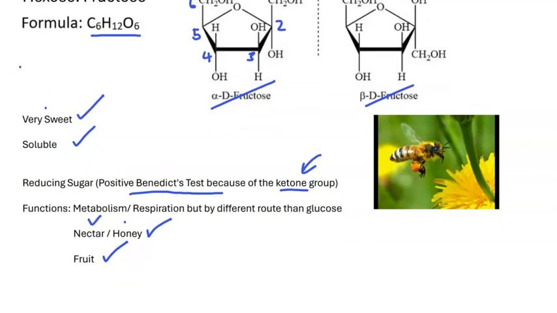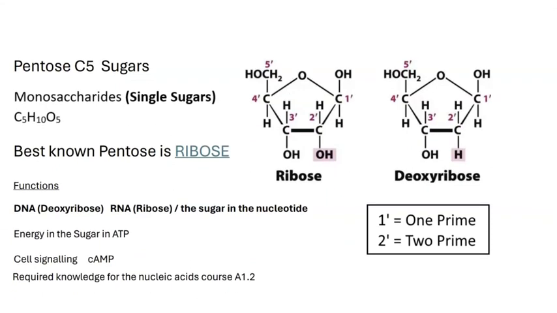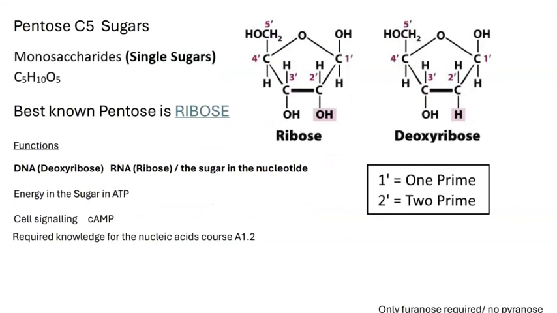So that's our hexoses. If we take a look at the pentoses, the 5 carbon sugars, C5H10O5, the best known of the pentoses is ribose, the ribose sugar, which is present in DNA. So you'll perhaps recall this, deoxyribose nucleic acid.